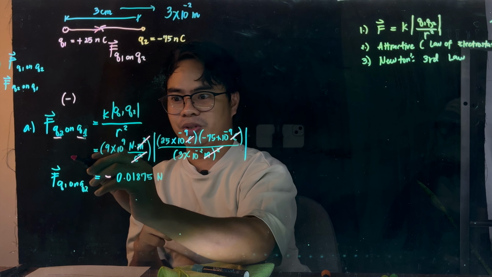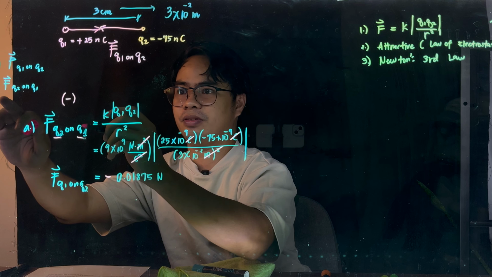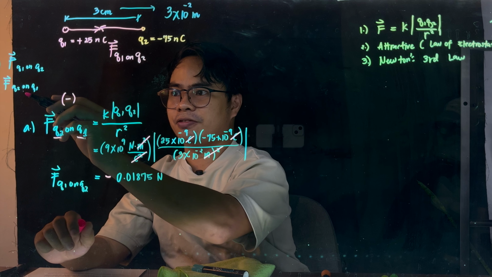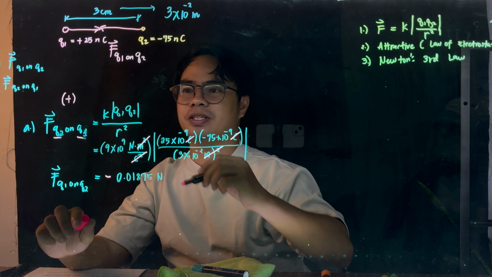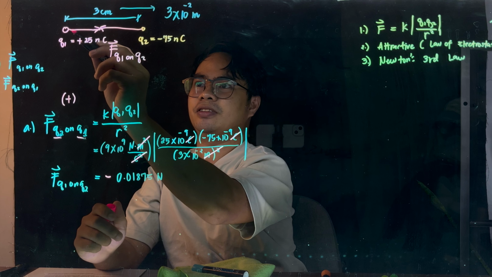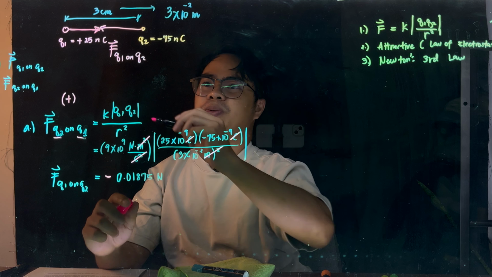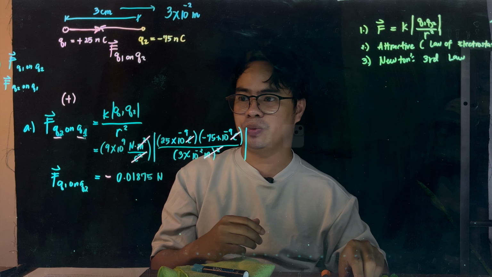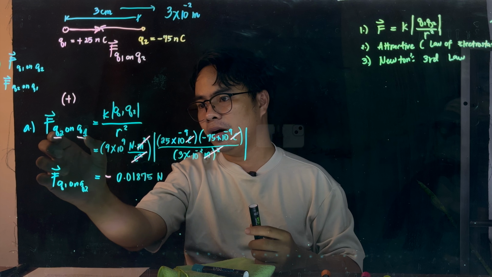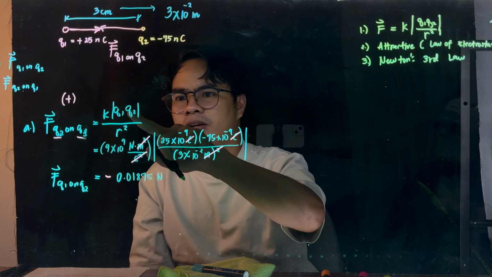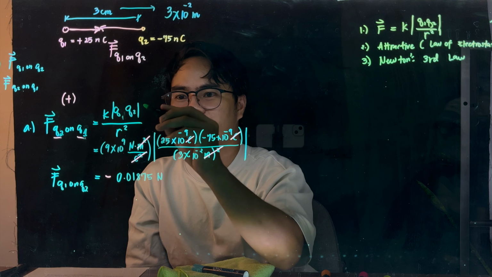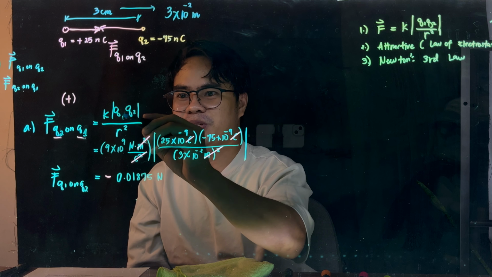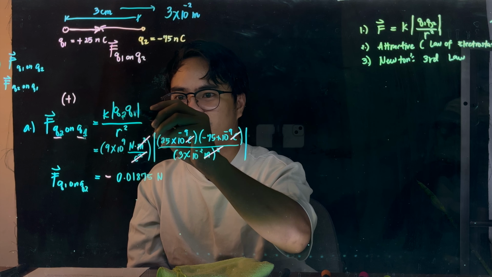So we have a clue that this force now, I'm simply recycling what I've written, the force of Q2 on Q1, must bear a positive sign because the direction of the force is actually towards the right. And that's the usual convention we use even in your math. Now we simply have a change in the order: this will be Q2 and this one will be Q1.